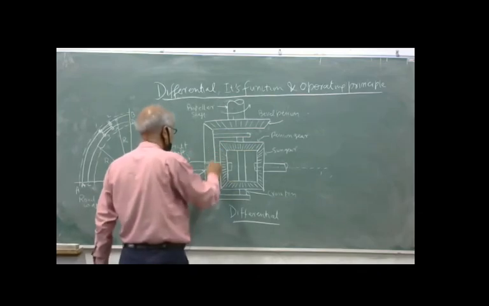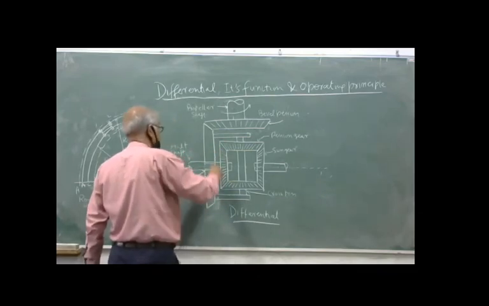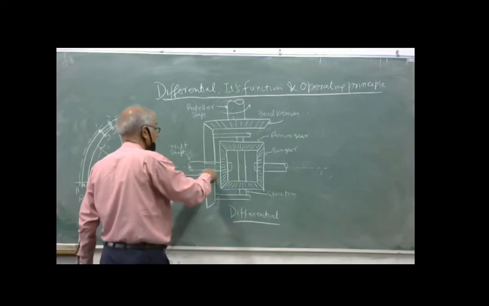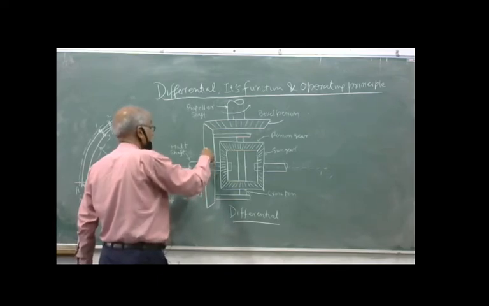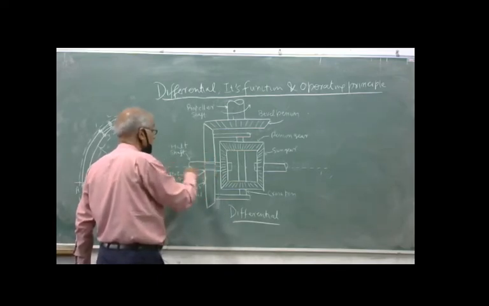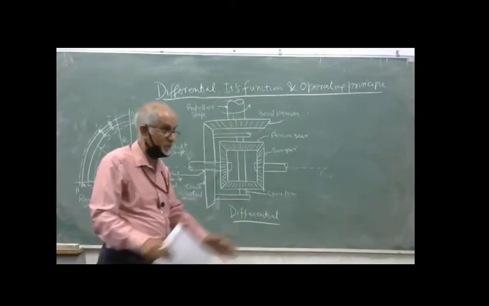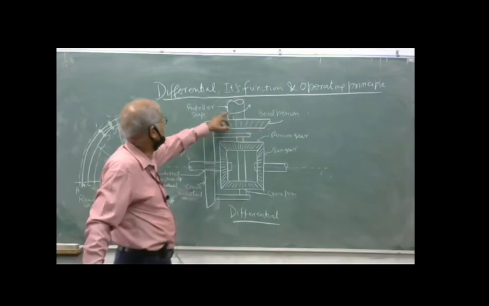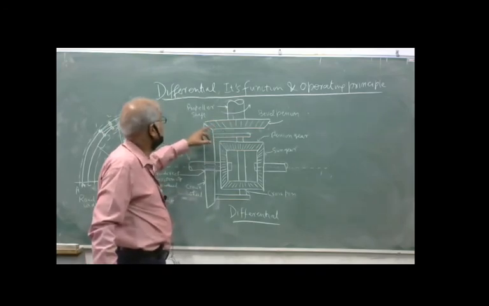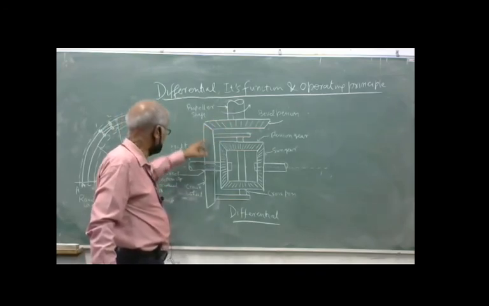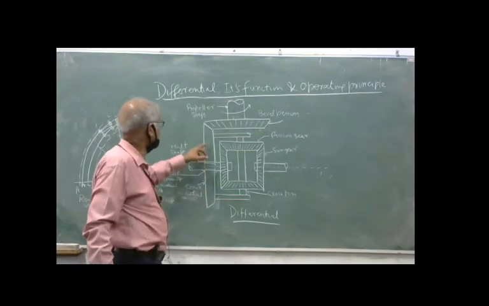Now this crown wheel is free to move on the half shaft. There is no mechanical connection between the two. When crown wheel moves, it is not necessary that half shaft will also move. So the power is coming from here, when the vehicle is moving in the straight line. It is bevel pinion, then it is going to the crown wheel, and crown wheel starts moving.